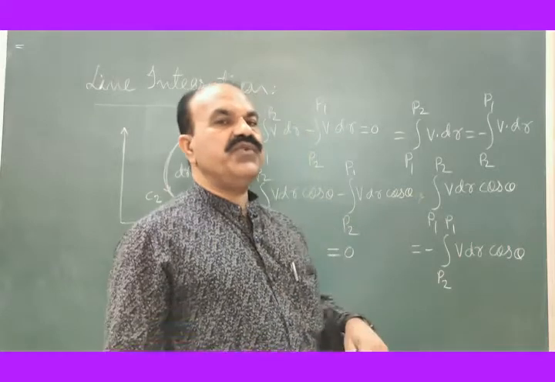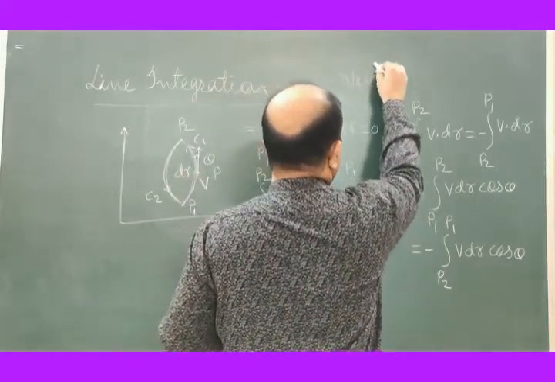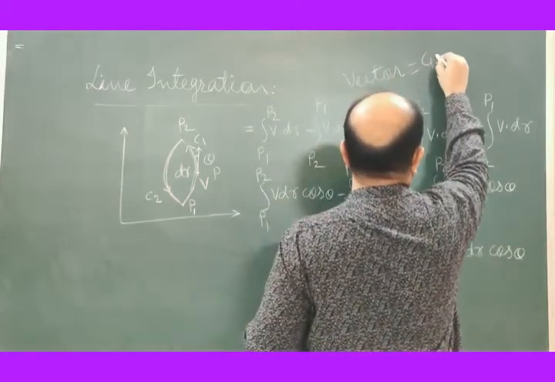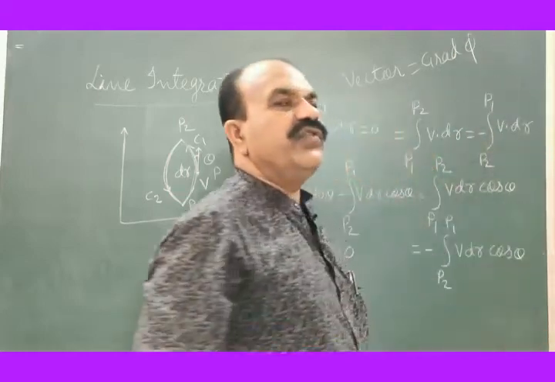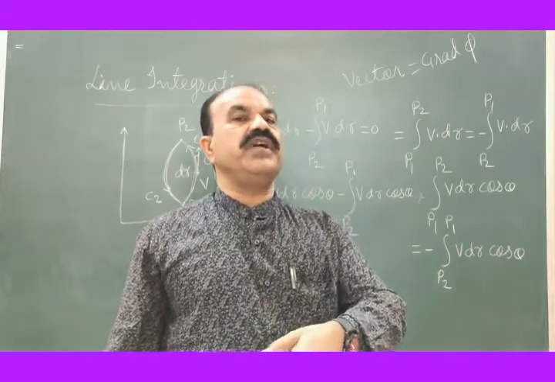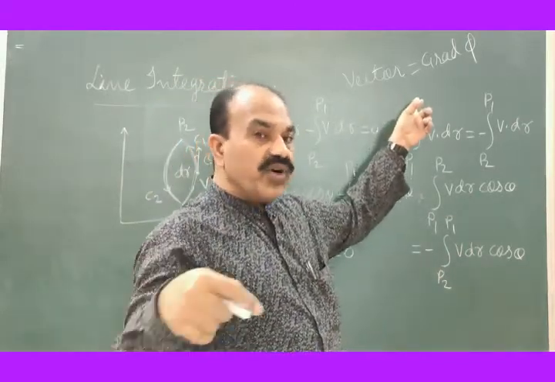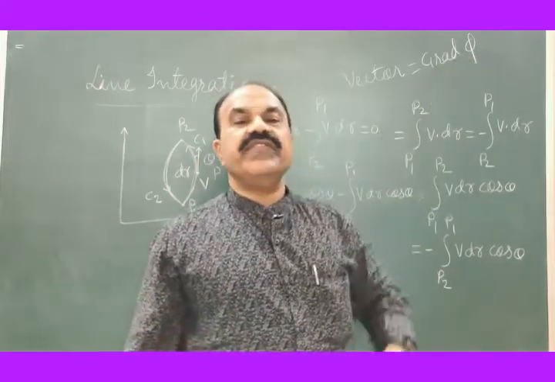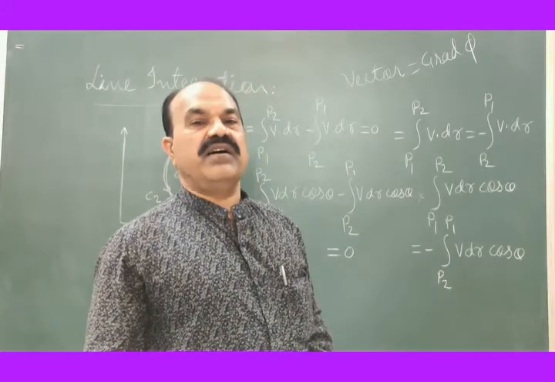In a conservative vector field, the vector is always defined as the gradient of a scalar.